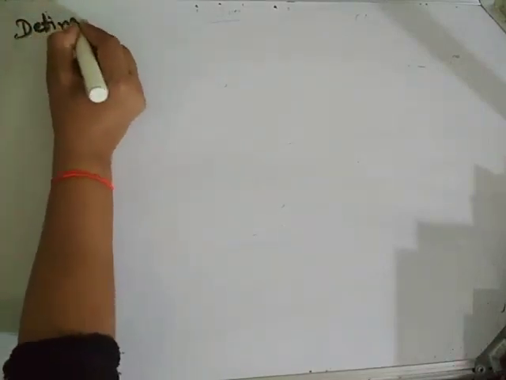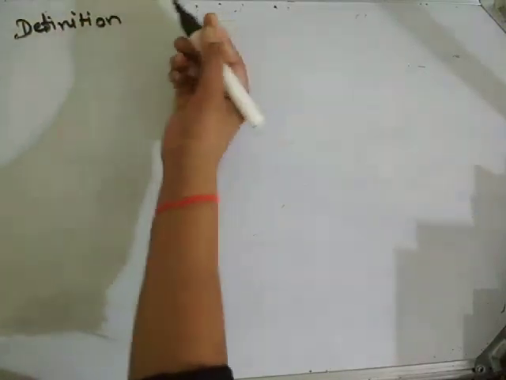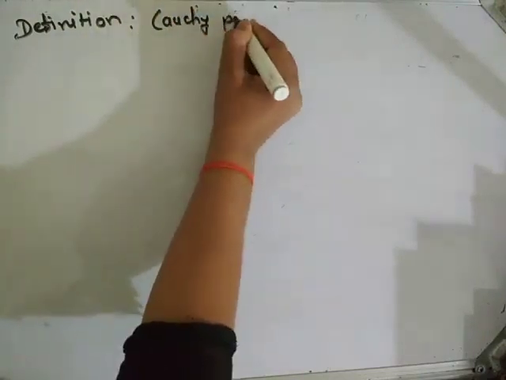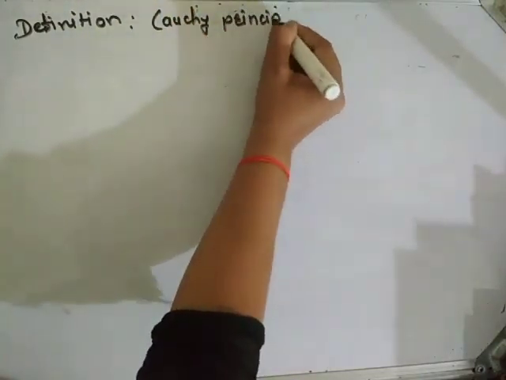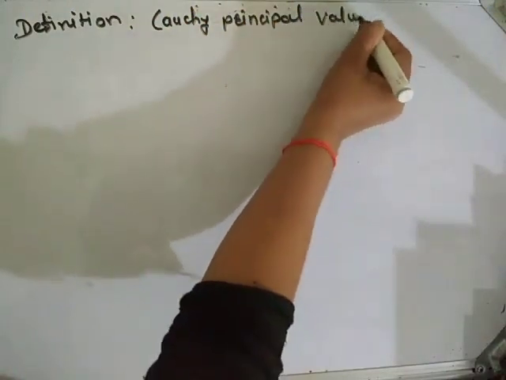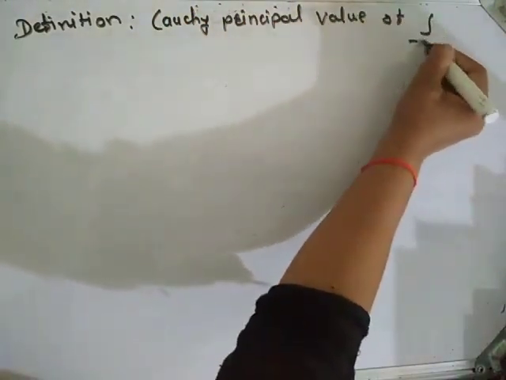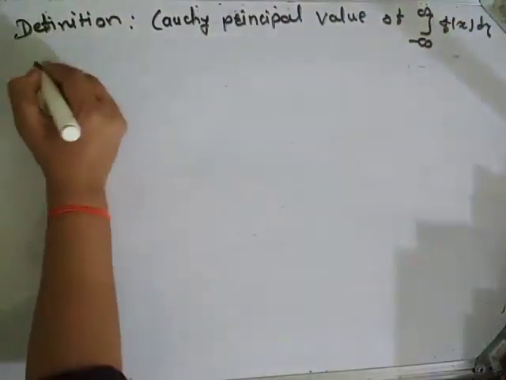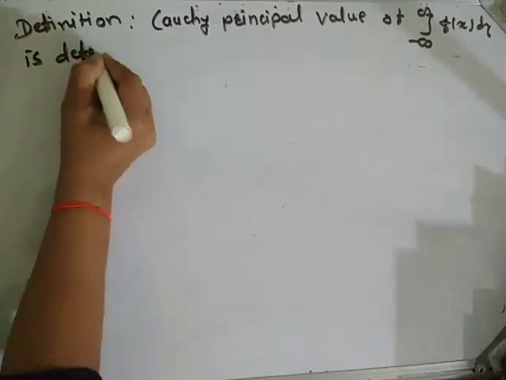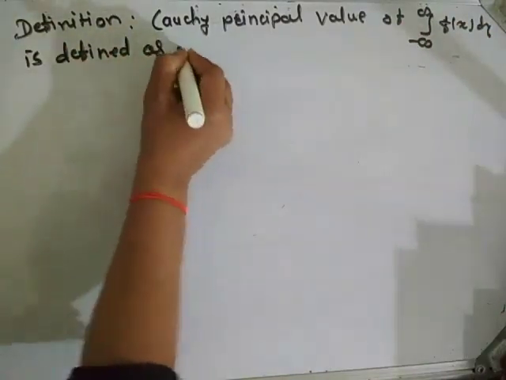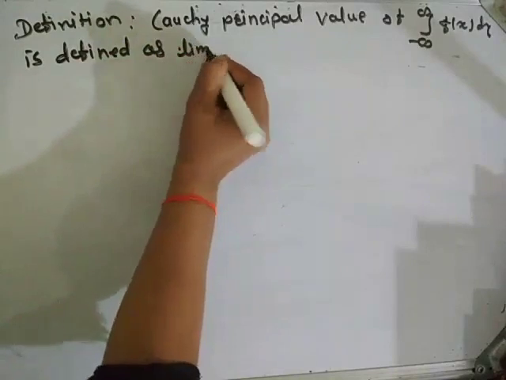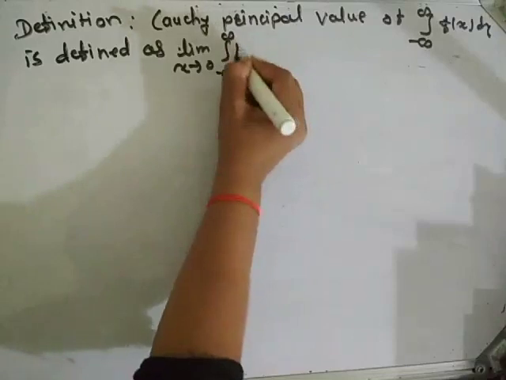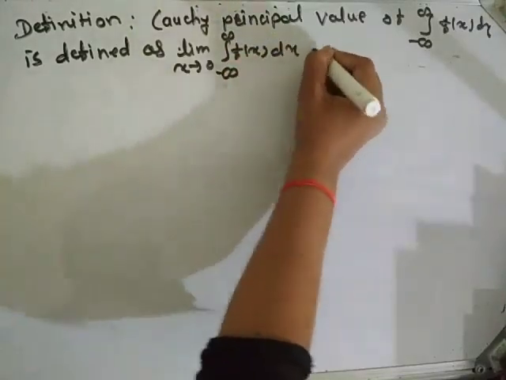Definition: Cauchy principal value of integration minus infinity to infinity f of x dx is defined as limit x tends to 0 integration from minus infinity to infinity f of x dx.